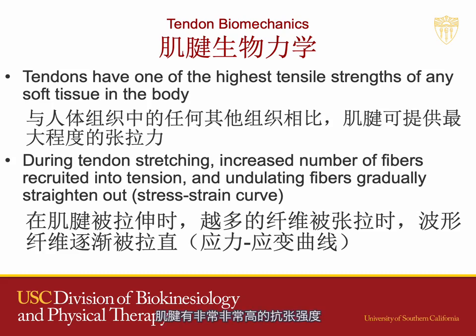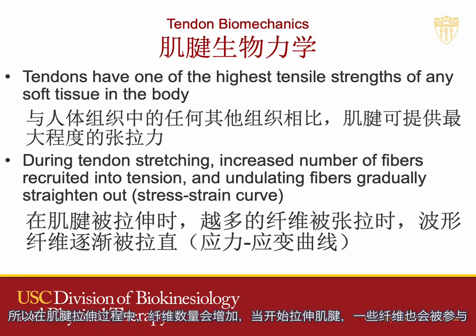Tendons have very, very high tensile strength. What that means is you can put a lot of stress and strain on that tissue before it's going to break, before it's going to tear. During tendon stretching, the number of fibers increases.